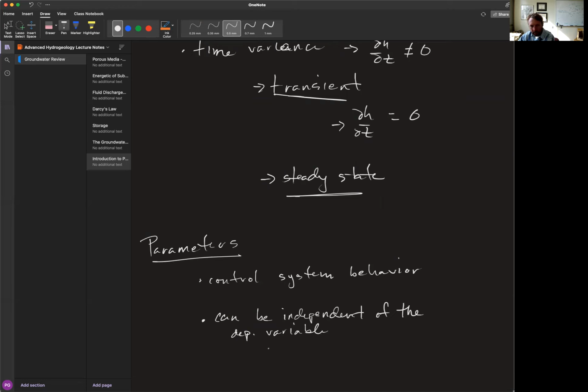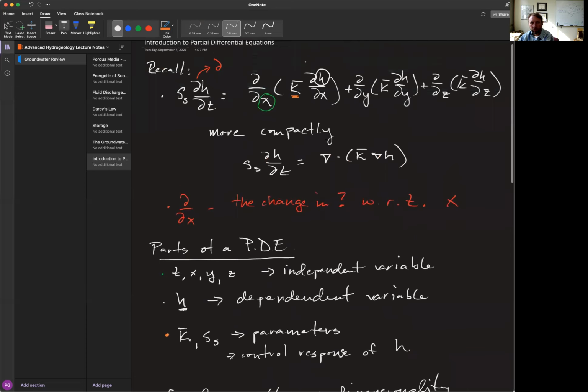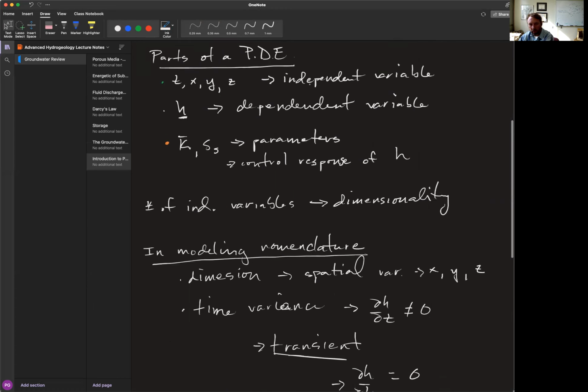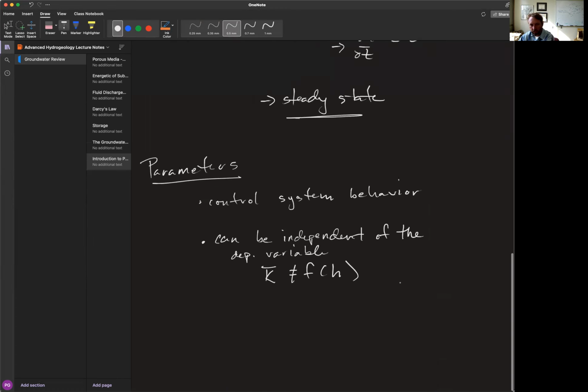All right. So for example, here, K is not a function of the head. All right. K is independent of the head. And up here, we haven't written that K has any dependence upon the value of the head. It is independent of the value of the head. All right. So for example, K does not depend on head. And in this case, my PDE is linear. All right.